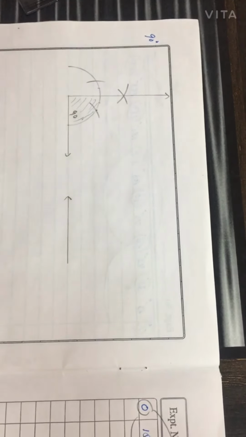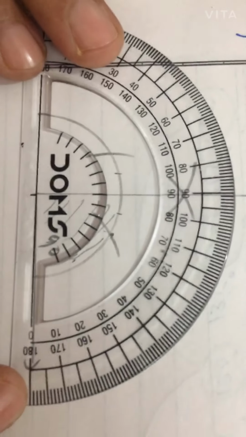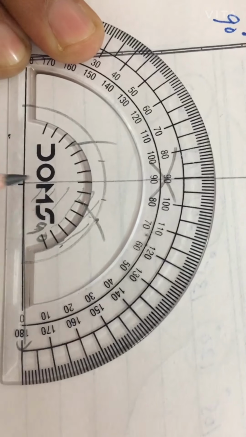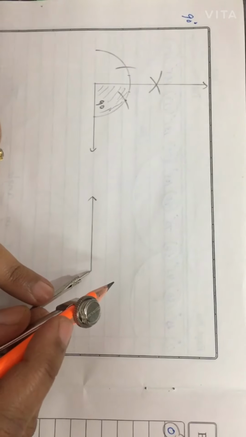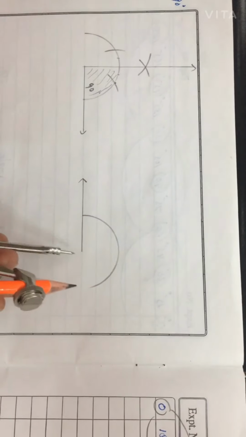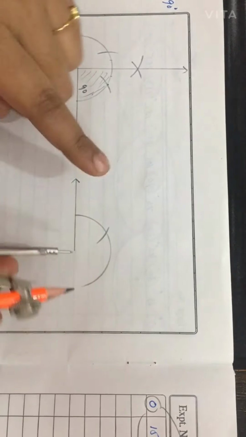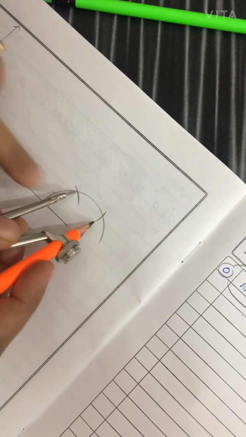Now we will check with this one. You can observe this is coming exactly on the center point at the vertex, and this is 90 degree. Now in the same way we will construct on the right point. You can observe this is your initial ray. So the starting one is your 0, then 60, keep here 60, keep here 120.